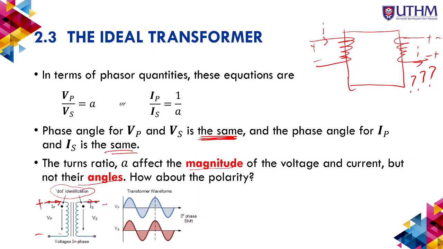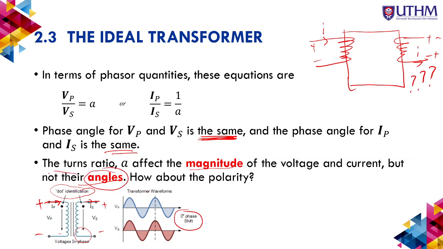This one becomes positive, and the undotted part becomes negative. So in terms of the signal or transformer waveform, it will look like this, due to the same polarity, and there is no shift.